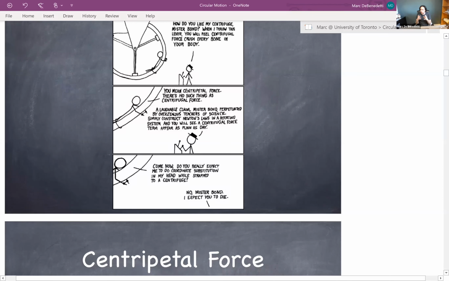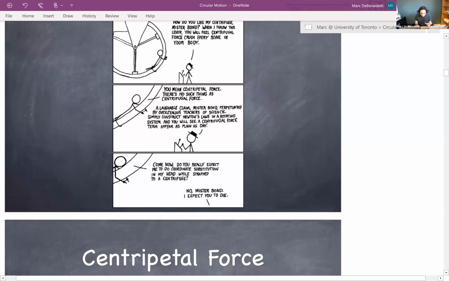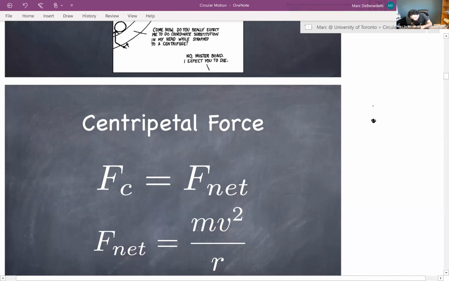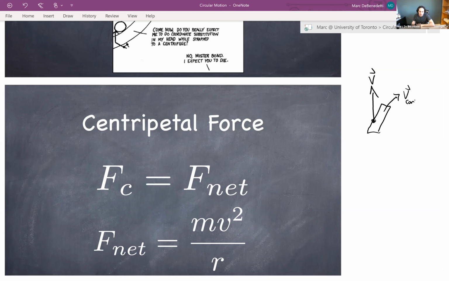But you have to understand Newton's first law is inertia. A body in motion wants to stay in motion. So, you know, if you're going straight, actually, I'll just draw this here. If you're going straight and the car turns to the right, then Newton's first law says your body is in the middle of going straight.